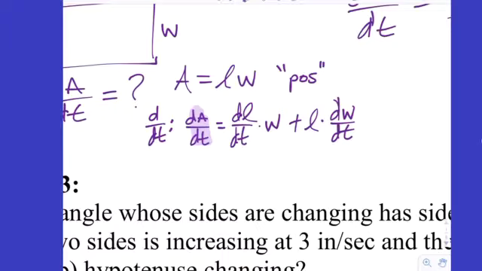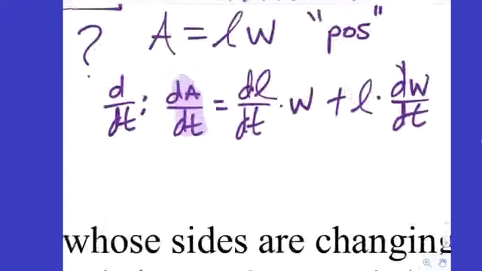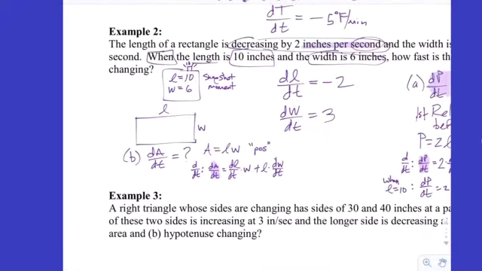If it weren't solved for dA/dt, you could still plug in and then solve. But how many unknowns do I have on the right-hand side? Actually, I have 4, right? dL/dt, W, L, and dW/dt. Since I'm trying to find dA/dt, I have to know all 4 of those at that moment in order to evaluate it. Do I? We do have all 4 of those, yeah. So let's go ahead and do the plug-in.